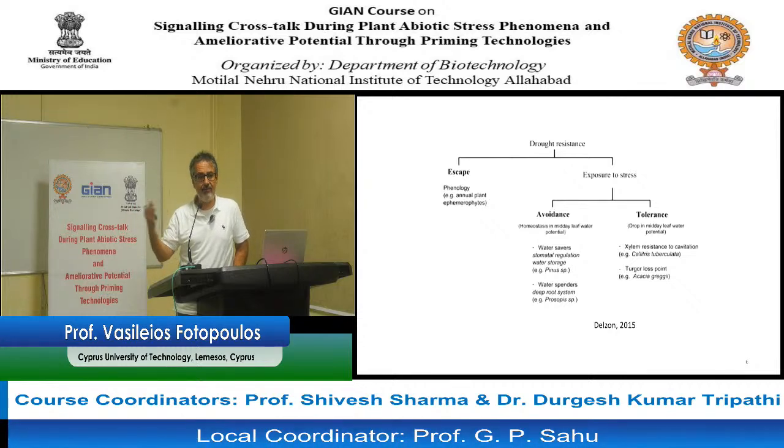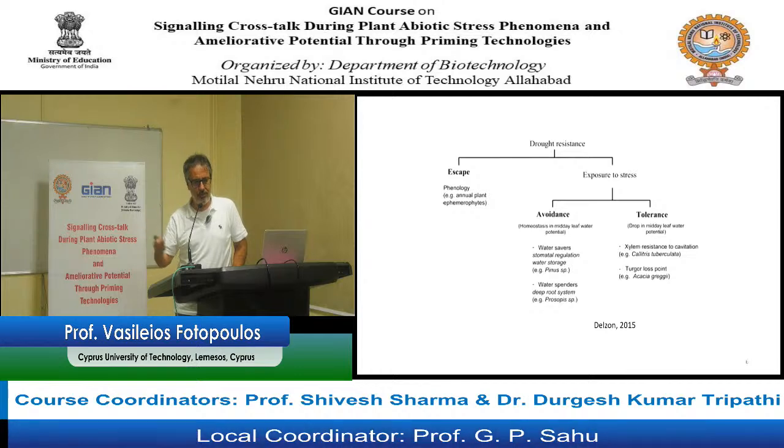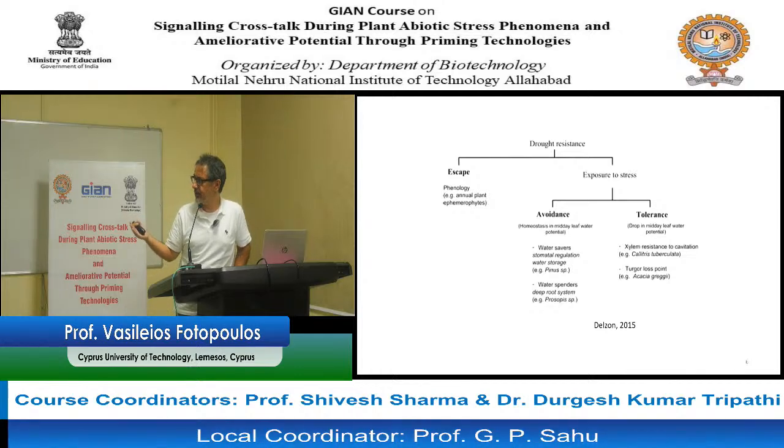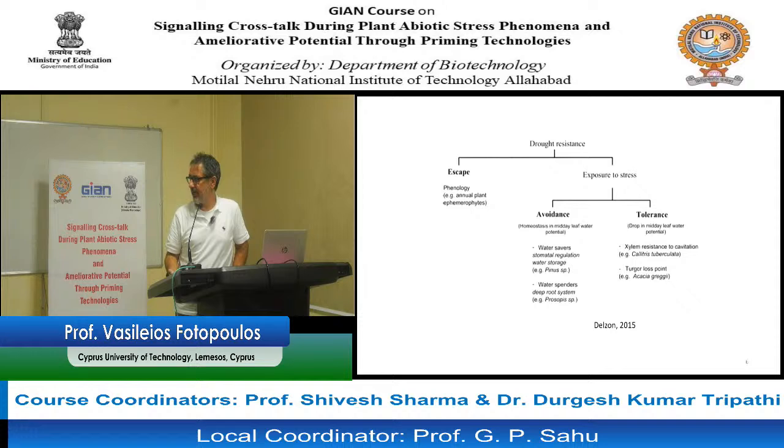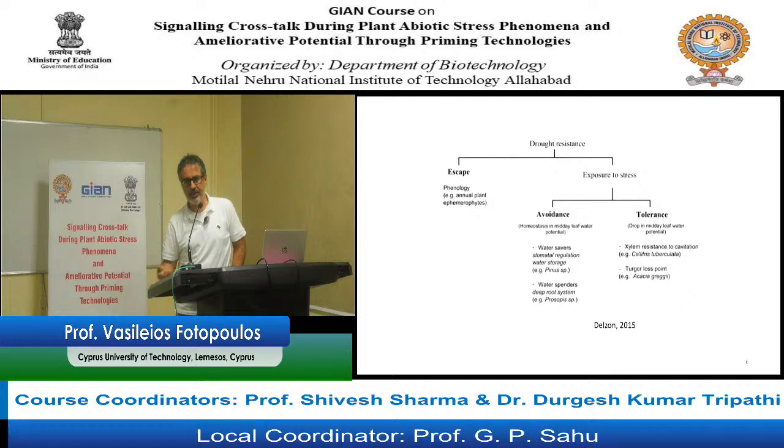Common approaches to reach avoidance include water savers, strategies of stomatal regulation and water storage, such as in coniferous forest species, and also water spenders, species that are heavy in spending water, such as Prosopis species that have very deep root systems, thus reaching water reservoirs.